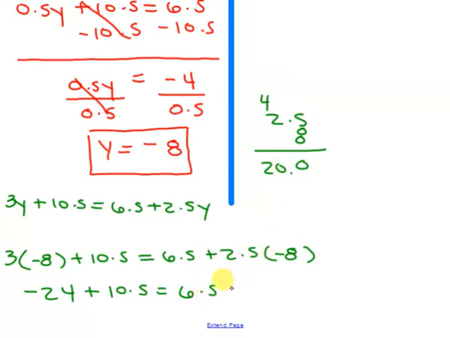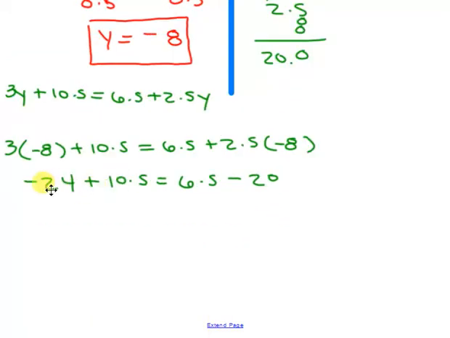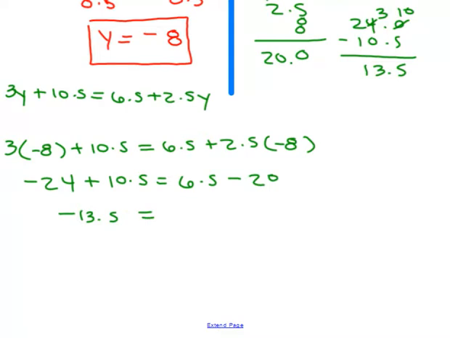And that's going to be minus 20 because it's a positive times a negative. All right, so then we have negative 24 plus 10.5. So we have to subtract. So 24 minus 10.5. So we're going to go ahead and borrow here. So we're left with negative 13.5 on that side.